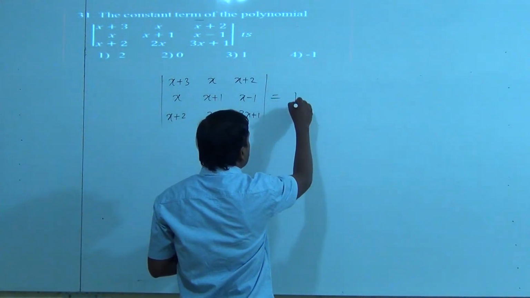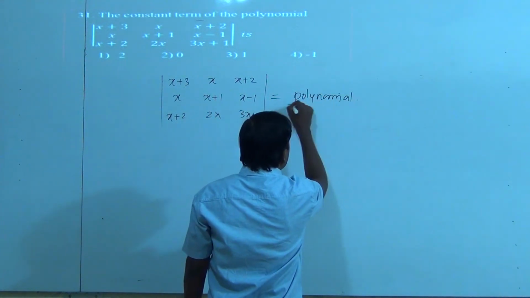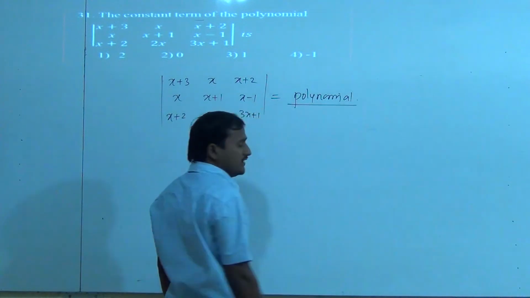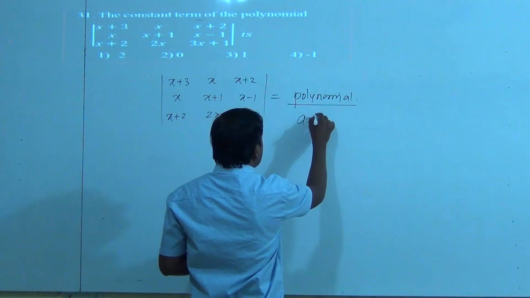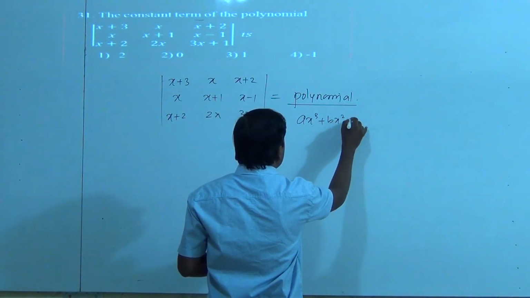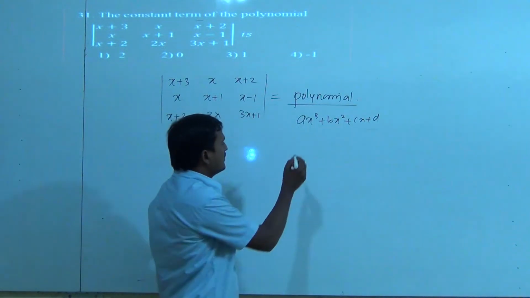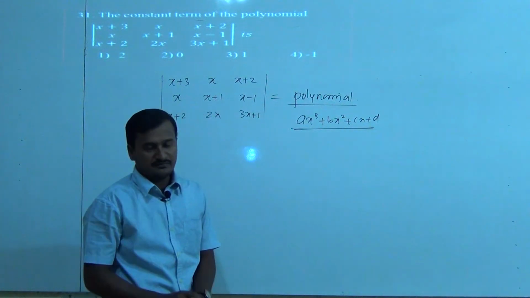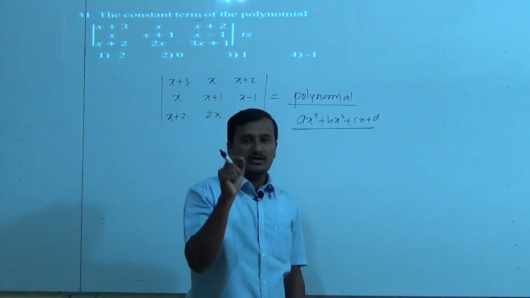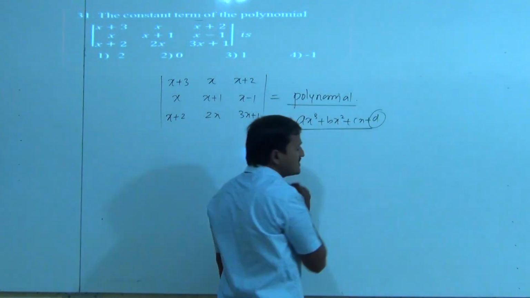So clearly you are getting one polynomial, right? If it is a polynomial, it is like this: ax cube plus bx square plus cx plus d. In such a polynomial, the constant term is d.